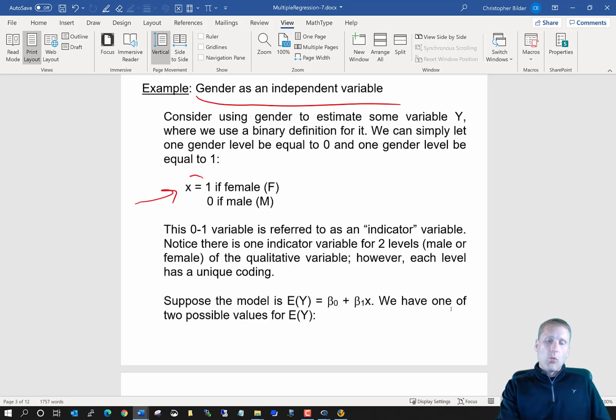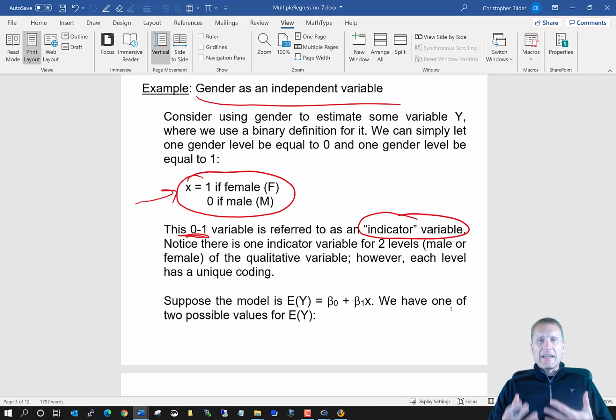So notice it took one variable here to get a 2-level qualitative variable represented by a variable in our model. This 0-1 coding, you'll see this a lot when we're dealing with qualitative variables. This is what's referred to as an indicator variable, because it indicates which level of the qualitative variable you're talking about.